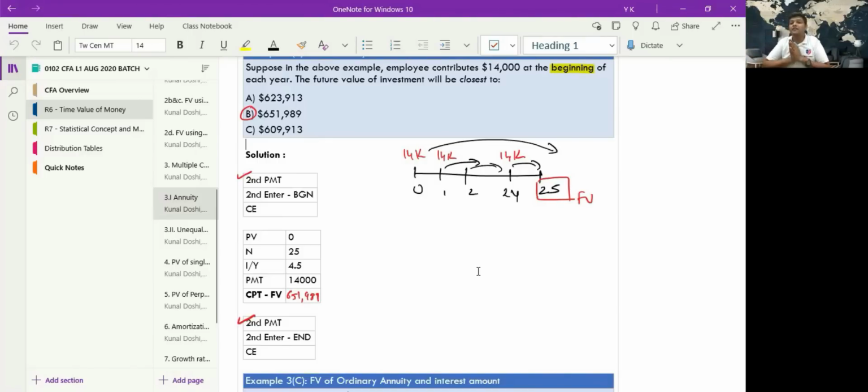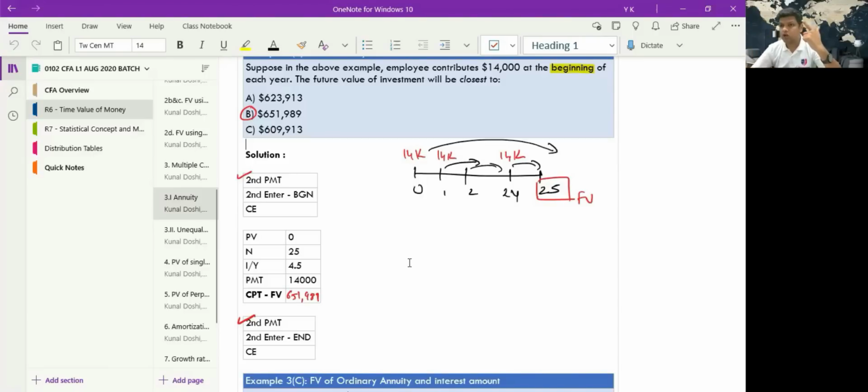So I don't have to do that manually. If I don't change the mode, it will stick me at the end of the last installment, which is 24th. Got it? So this will be the value at the end of the 25th year.